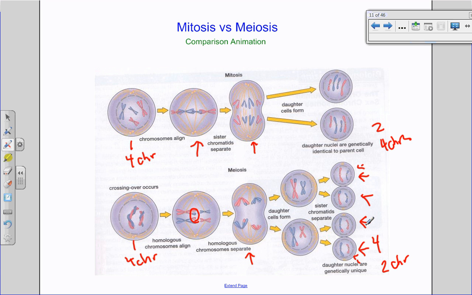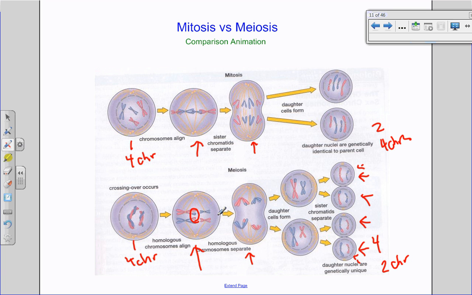Meiosis involves 2 divisions. Both involve only 1 replication of the DNA, but in mitosis there's 1 division, in meiosis there's 2. If you look at metaphase 1 in meiosis, it's the homologous pairs that are lining up at the metaphase plate at the equator.